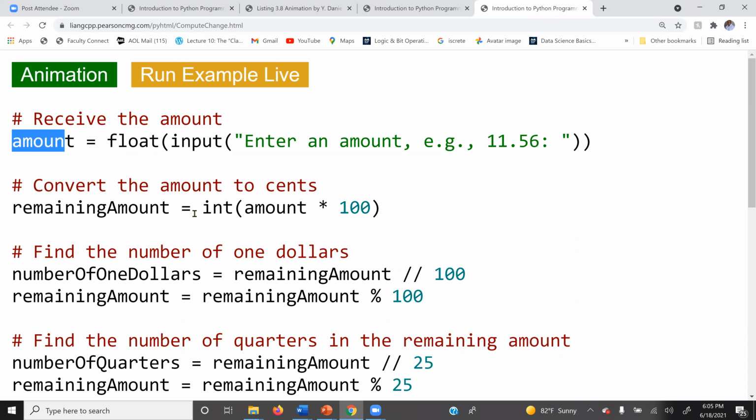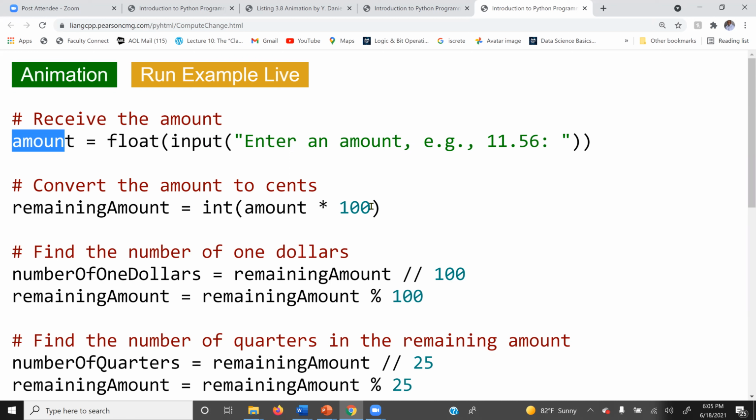Next, we convert the amount to cents. Remember, the program should tell us, for any amount entered, how many maximum dollars, quarters, dimes, etc. we get. So the first thing, I'll convert all the amount to cents. So we multiply the amount by 100 because we know $1 is 100 cents. So $11.56 becomes 1,156 cents.